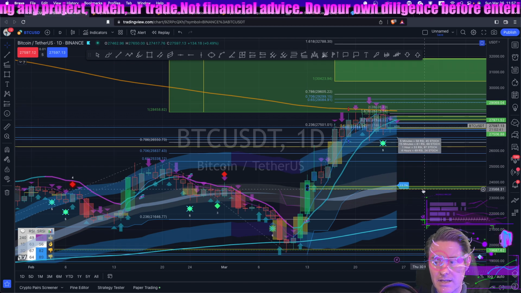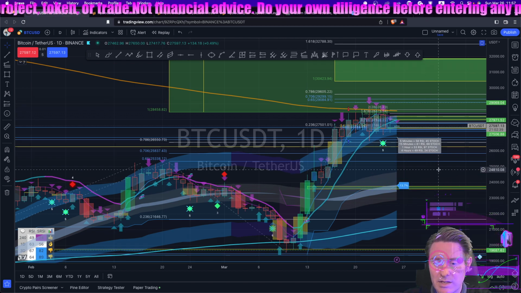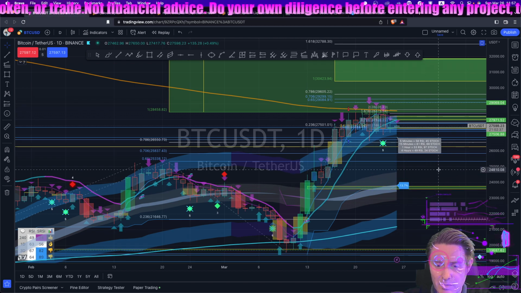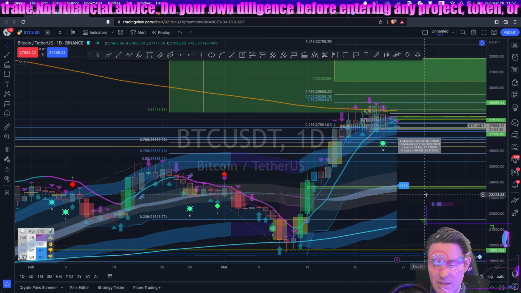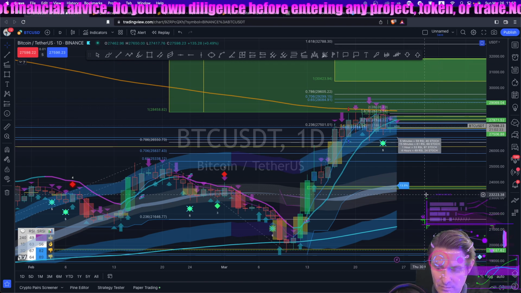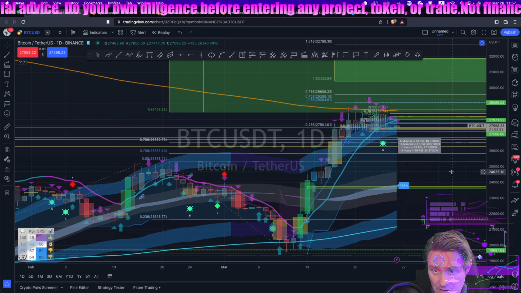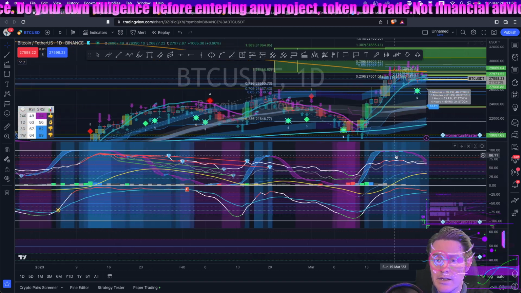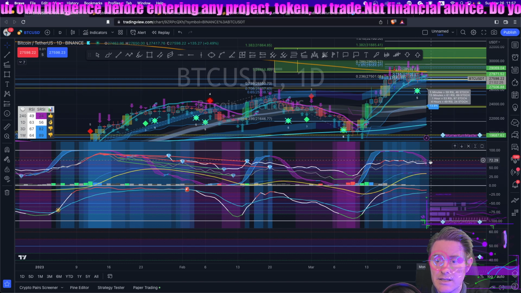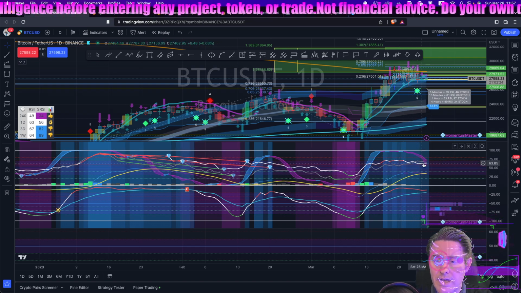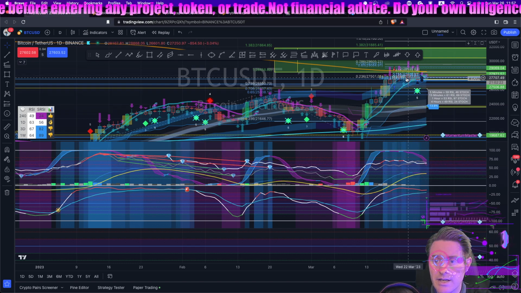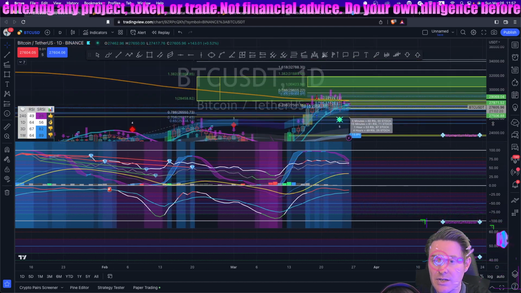So we could come back into these regions at 23K. The liquidity does suggest that pool down below 19K just chilling there at some stage. We should retest back into it. The daily is resetting slightly on the stochastic RSI, which is interesting to say because we're holding the price action here.